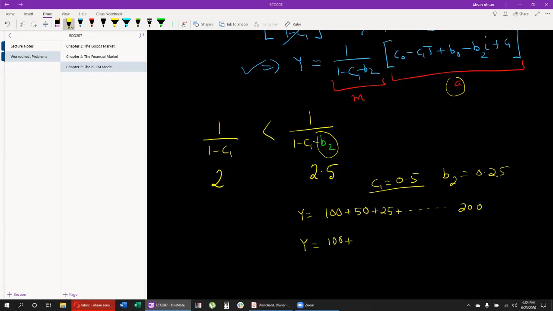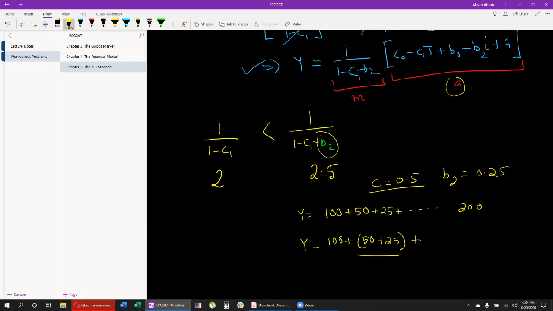This goes to person 2. Now person 2, what is he going to do? His C1 is 0.5, so he is going to spend 50. But B2 is also 0.25, which means he is going to invest 25. And then he's going to save the remaining 25. So in this stage, Y ends up increasing 75.